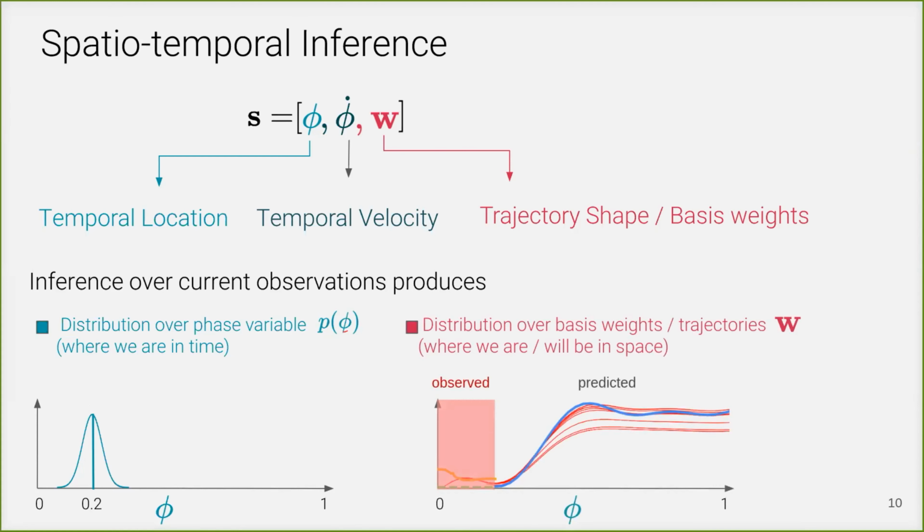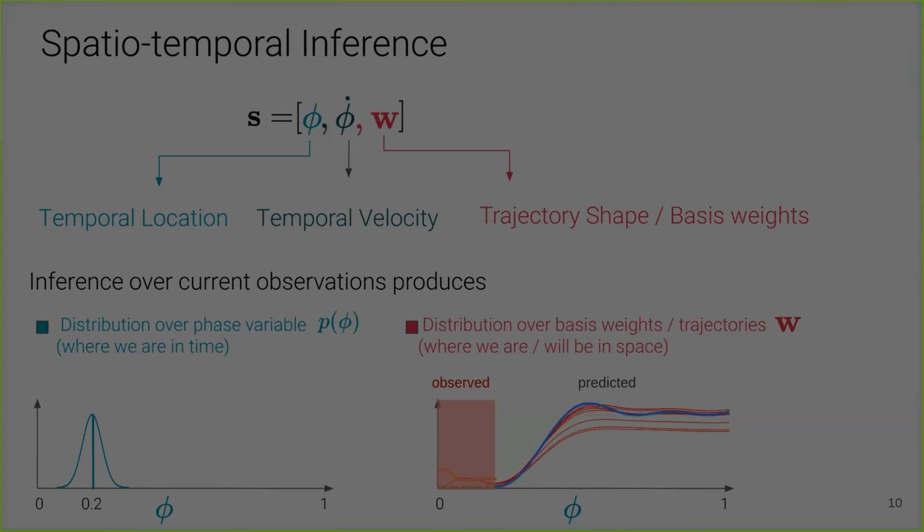Similarly, by performing spatio-temporal inference, we can also get predictions about how the spatial trajectories are going to continue into the future. Again, the red part here is what's observed. For that, we use the phi variable that we've estimated, so the probabilities of the phase variable. And then we can use the rest to estimate how the remaining 80% of the trajectory is going to continue. So this is what we're doing, but not how we're doing it.